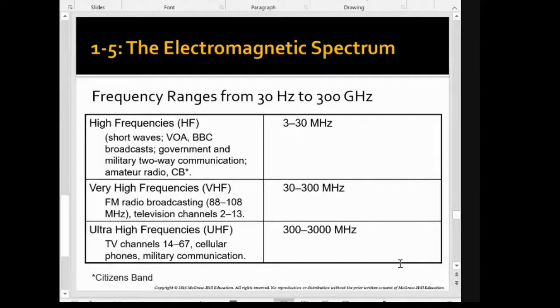We have very high frequencies. We call it VHF. Then we have FM radios, which are from 88 to 108, so somewhere there. You need to search there for radio.